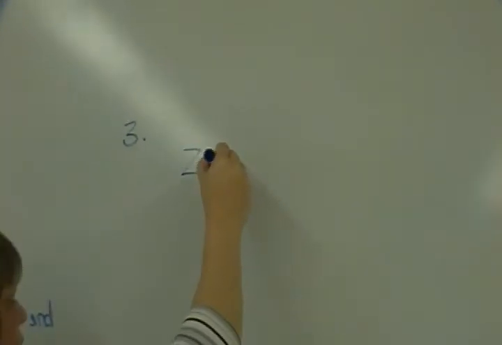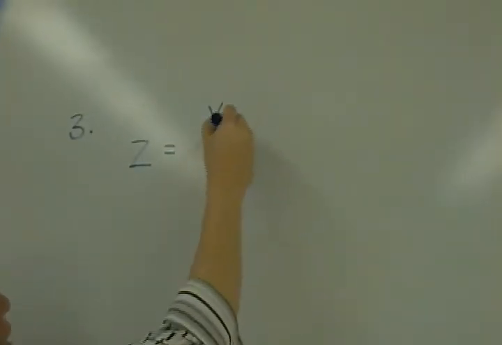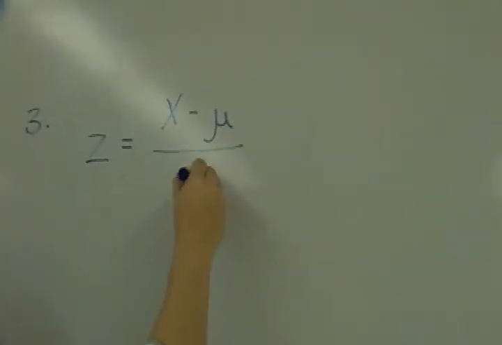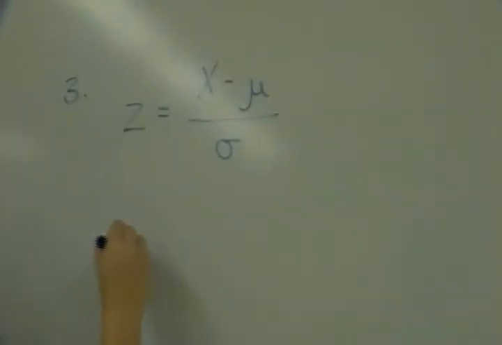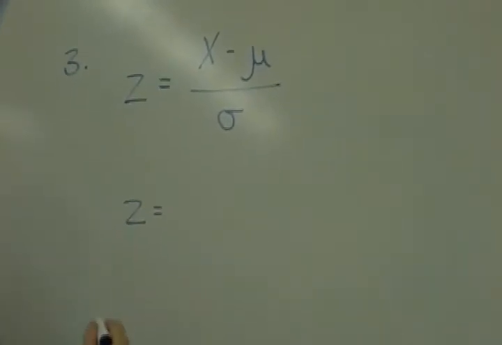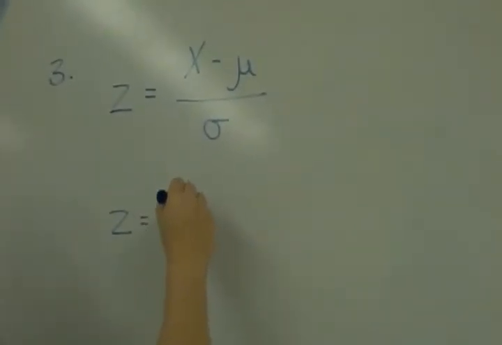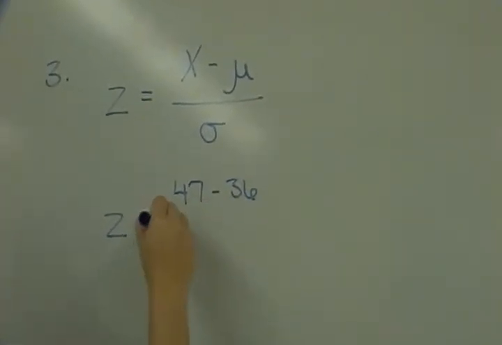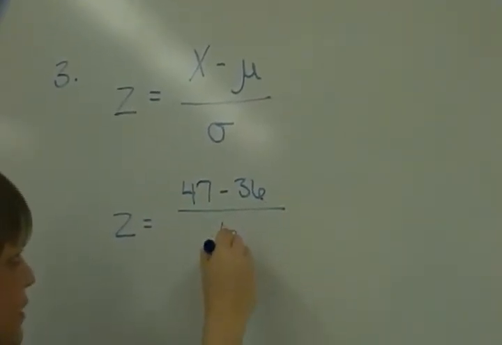And the basic Z-score formula is that Z is going to be equal to the raw score minus the mean divided by the standard deviation, okay? So for our sample data, we end up with the raw score of 47 minus the mean of 36 divided by 6.